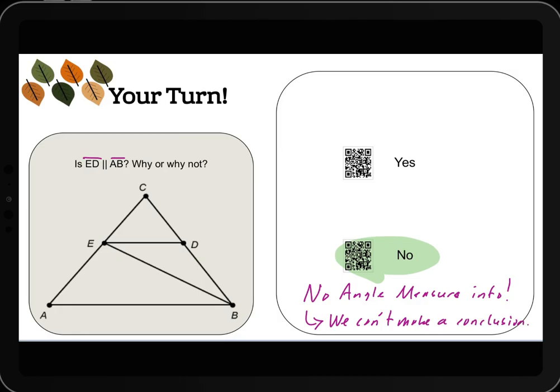Why? Because then we can't reference any of the converses to then justify why the segments would be parallel, the segments being here and here.